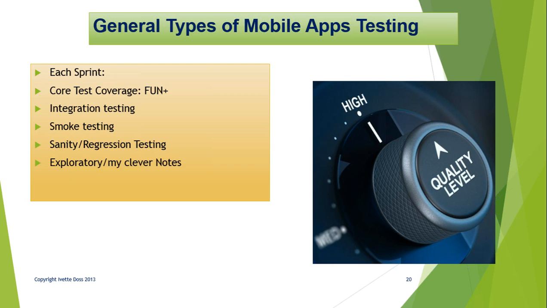Very quiet today. After you run this short, sometimes called express, cycle of main core functionality testing, and it's not limited to functionality. All different categories of testing will be involved there. So we have integration testing. What is integration?